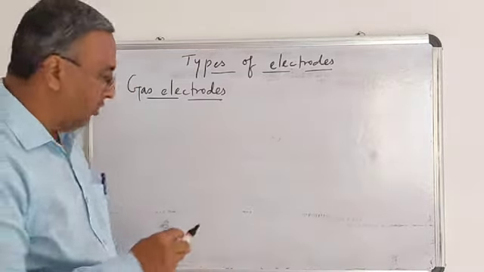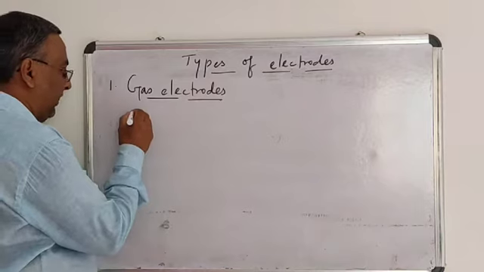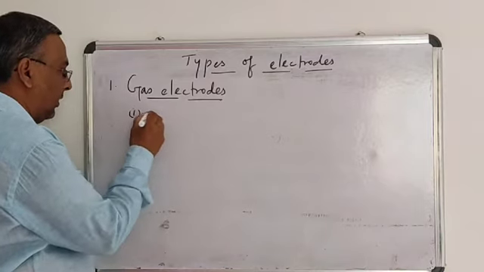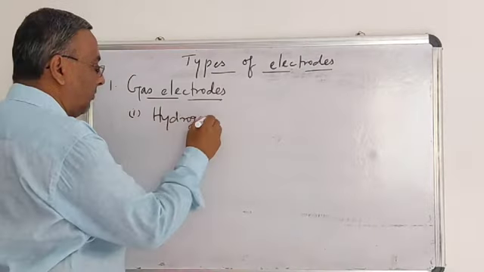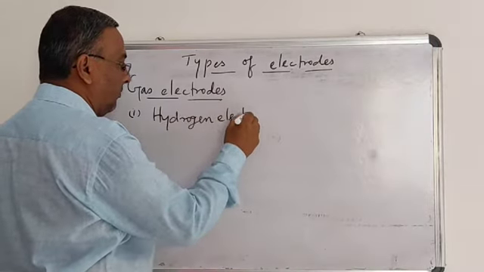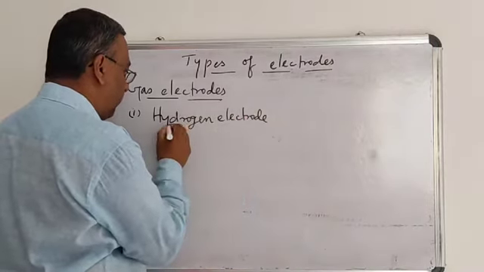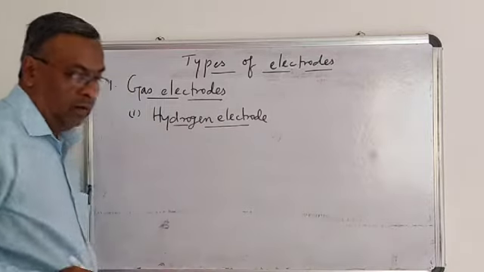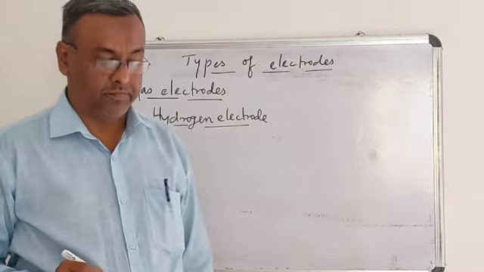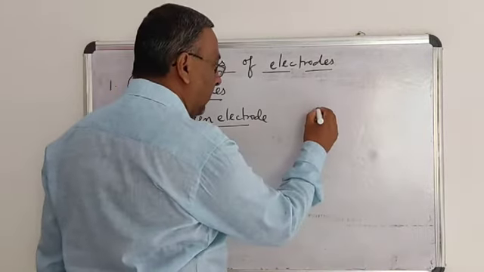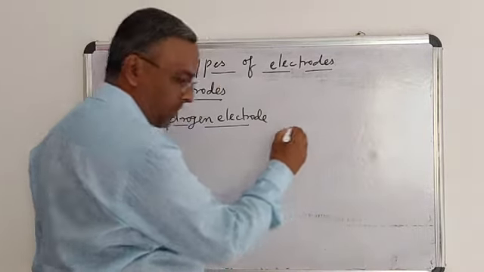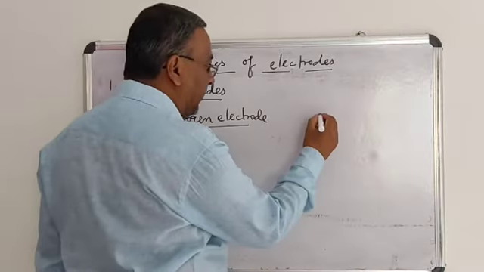In the gas electrode, the first example is hydrogen electrode. What is hydrogen electrode? This is the diagram of hydrogen electrode.